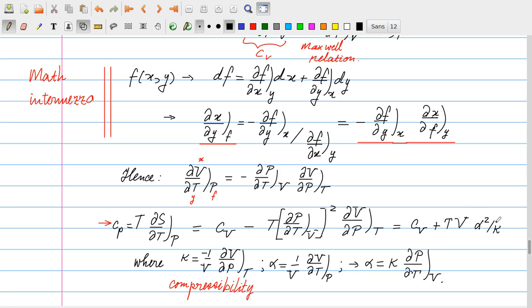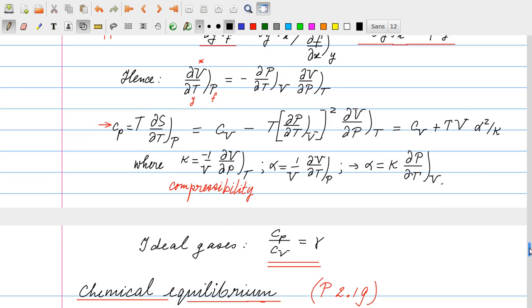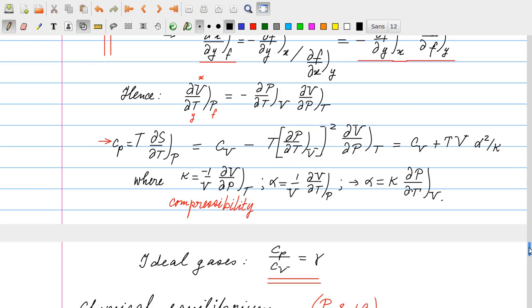There is an extra contribution, and that contribution depends on the expansion coefficient and on the compressibility. Finally, it's useful to note that for ideal gases we usually define the quotient of Cp and Cv as gamma. So I just mentioned this because it often occurs in problems.